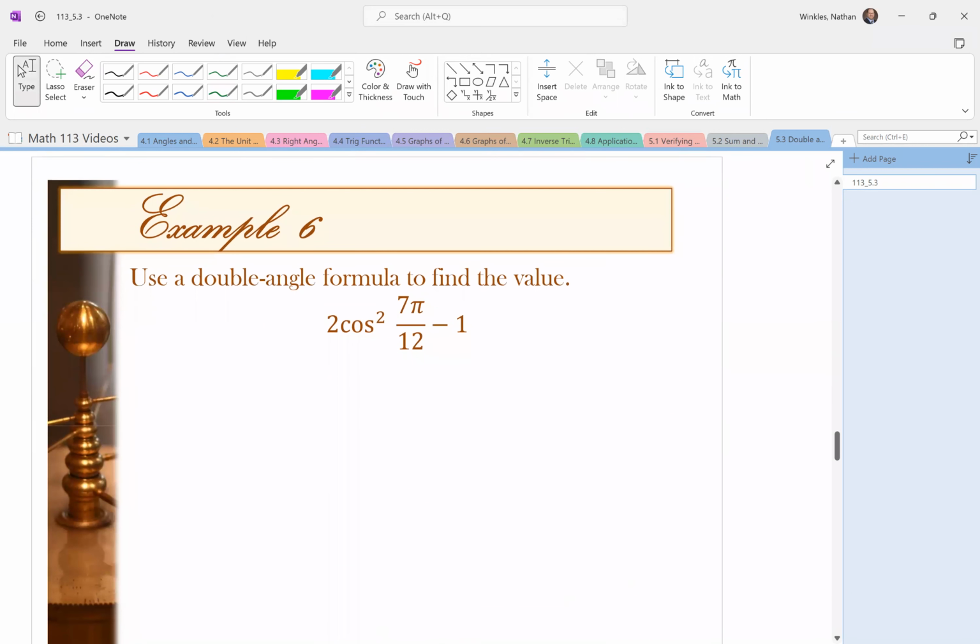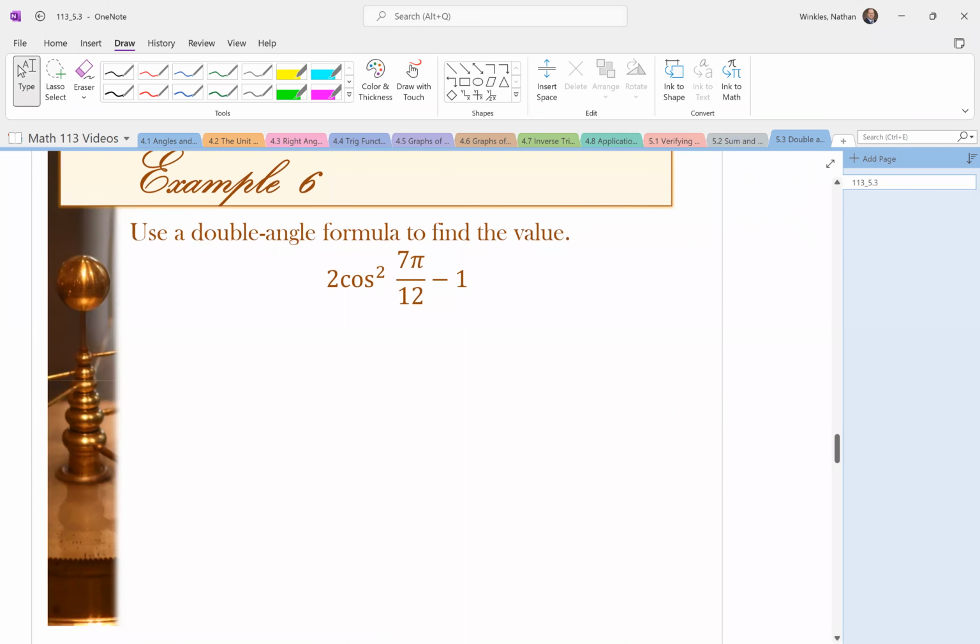So we're told use a double angle formula to find the value. And we don't know what 7 pi over 12 is. That's not anything that's on our standard unit circle. So in this case, theta is 7 pi over 12. 2 cosine squared minus 1 gives us that this is cosine 2 theta.